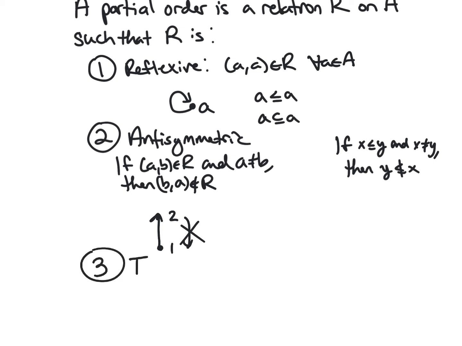And then the final thing is transitivity. And this should also make sense. Basically, right, if a is less than or equal to b and b is less than or equal to c, then a is less than or equal to c, right?